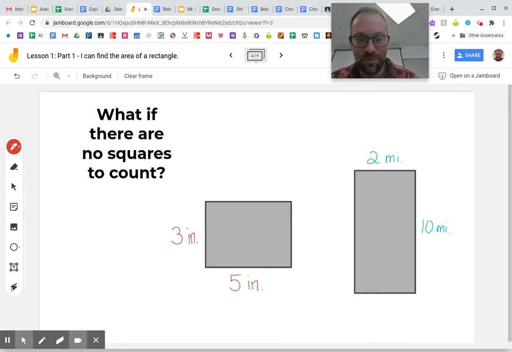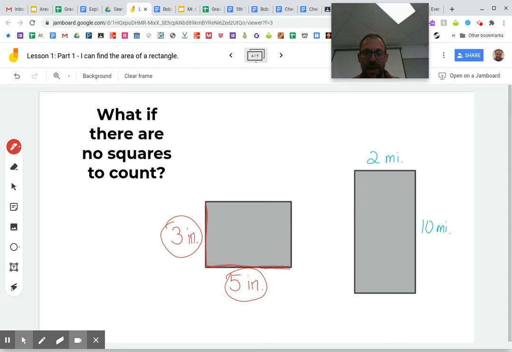In this case, we do. We have a measurement for this side here and a measurement for this side here. This side, called the width of the rectangle, is 3 inches. And the length of the rectangle here is 5 inches.